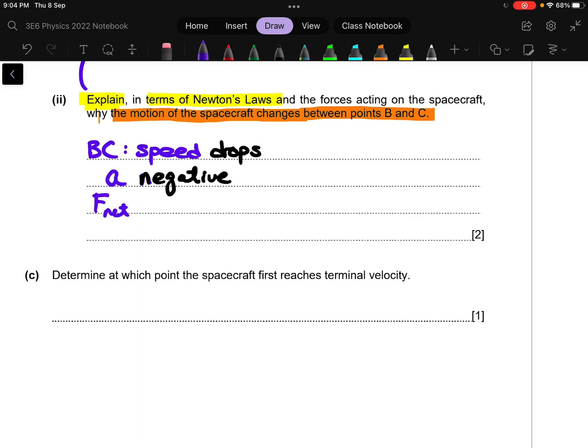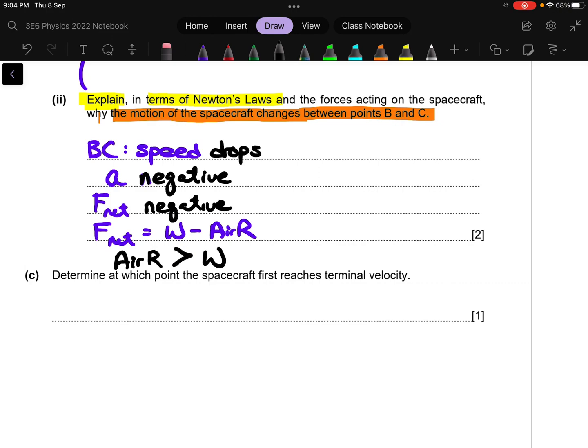So if acceleration is negative, this means that my F net is also going to be negative. And since I already know that my F net is given by W minus air resistance, I can easily conclude that between B and C, my air resistance is actually larger than W. That's how I get F net negative.